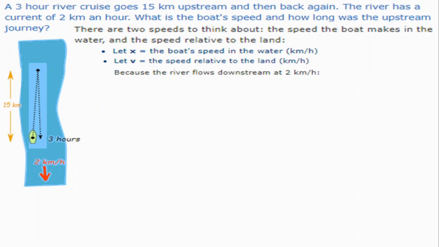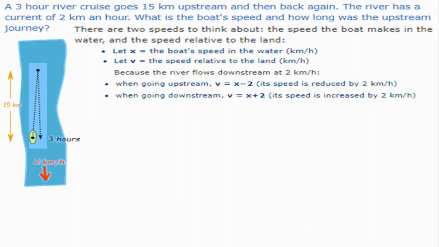Since the speed of the river is 2 km per hour, when the cruise or boat is going upward, the river speed decreases the speed of the boat. So the relative speed of the boat upstream is x minus 2, and when going downward, the relative speed of the boat is x plus 2.